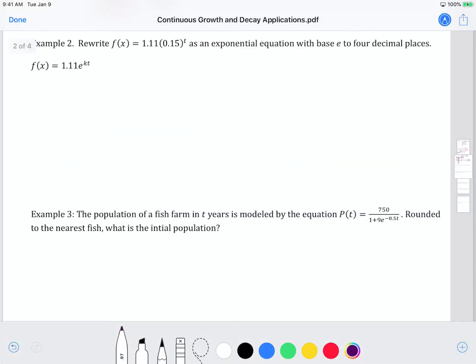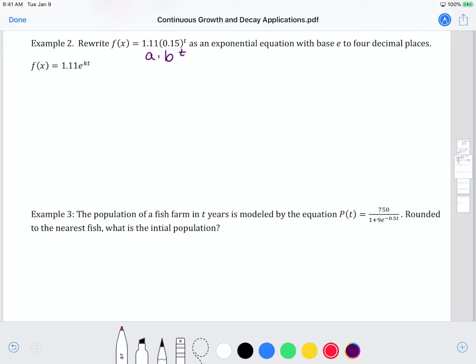In example 2, we have a function written as a times b to the t, where a is 1.11 and b is 0.15. And we want to rewrite this in terms of a base e exponential function.